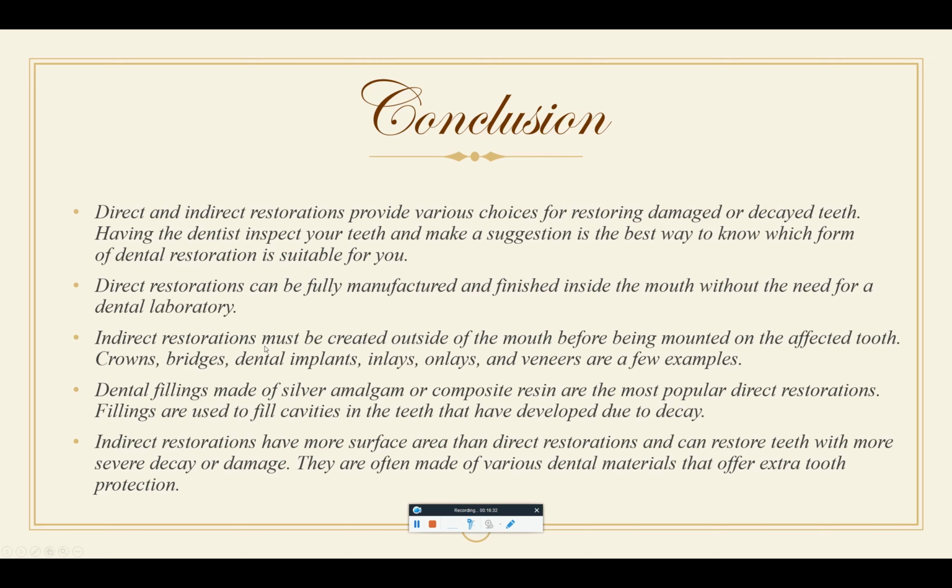However, indirect restorations have more surface area than direct restorations and can restore teeth with more severe decay or damage. They are often made of various dental materials that offer extra tooth protection.